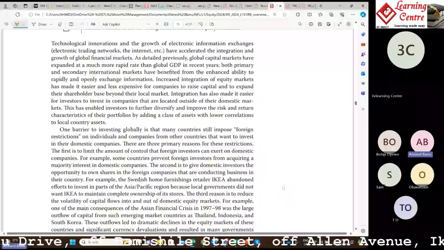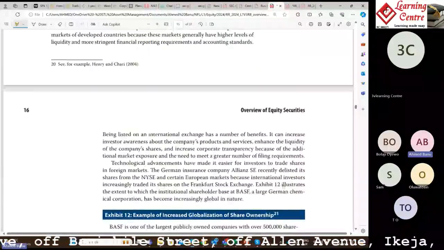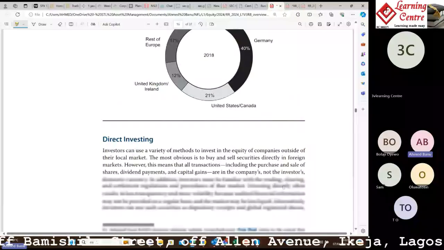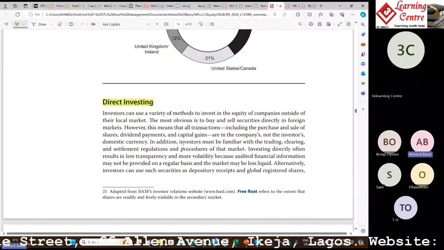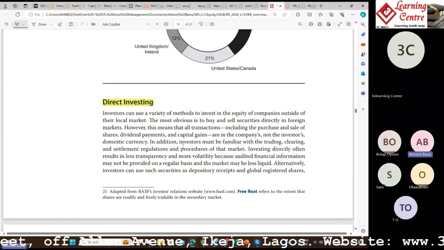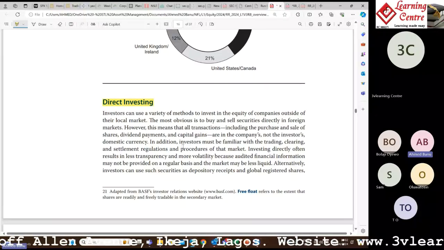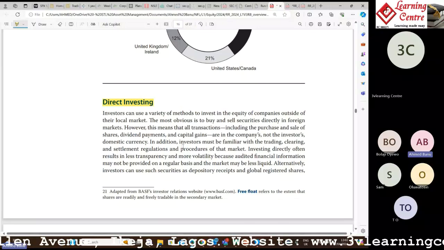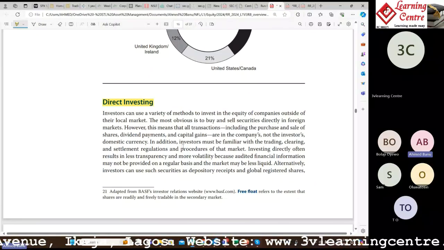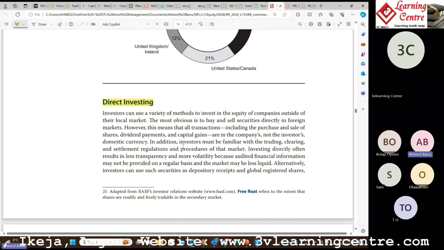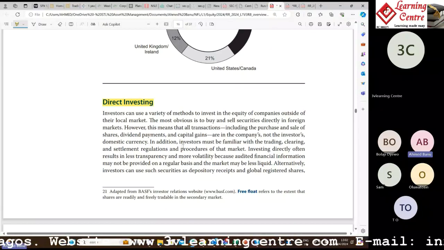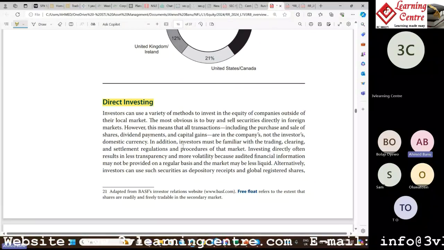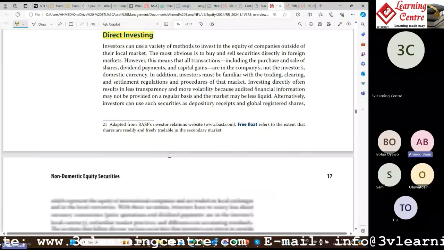It's no more a big deal, but the curriculum still speaks about it and says, okay, what are the different ways you can do direct investing, which is what I just mentioned. I use my money, sign up to a platform like Bamboo, and buy the shares, and I become a shareholder of Amazon, Netflix and the likes, without stress. So that's direct investing.